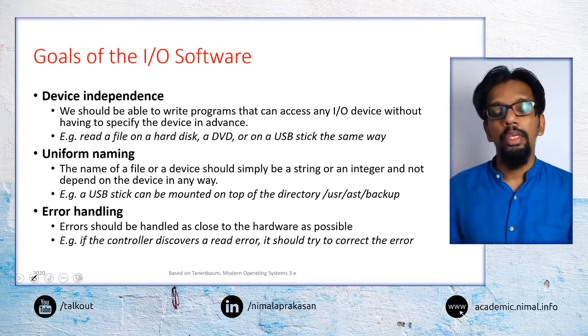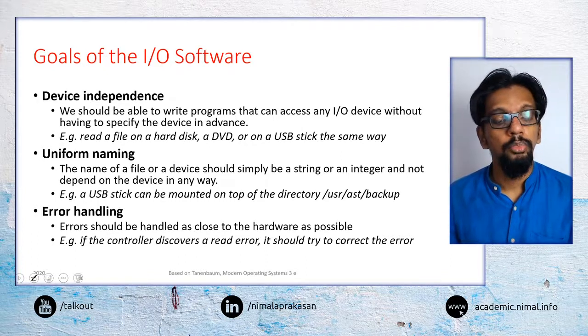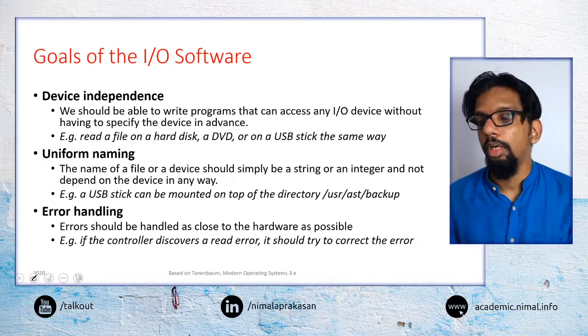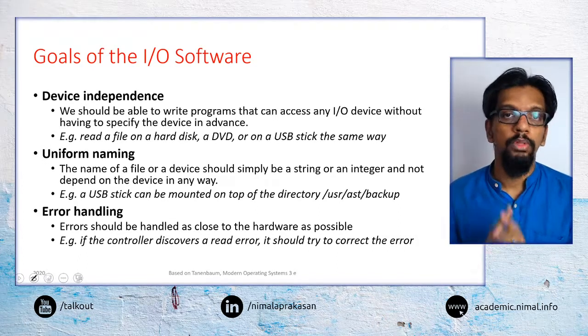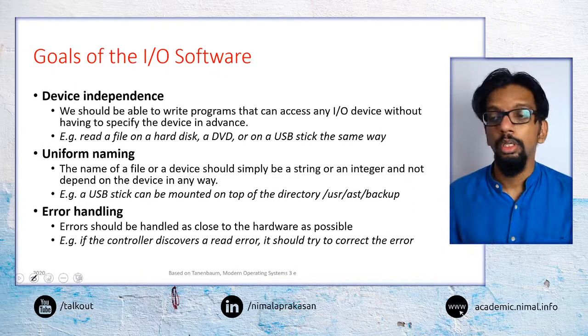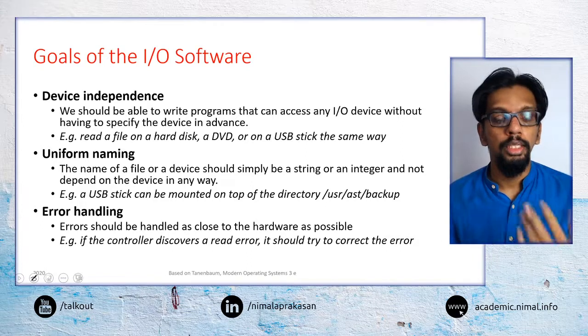So now when we think about input-output software in an operating system, we would expect certain things to happen with them. We would have certain goals for this software to meet. One is we would expect them to be device independent.